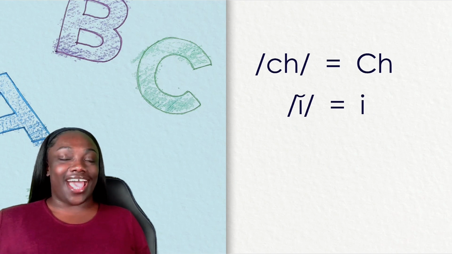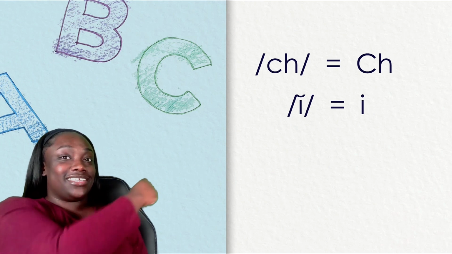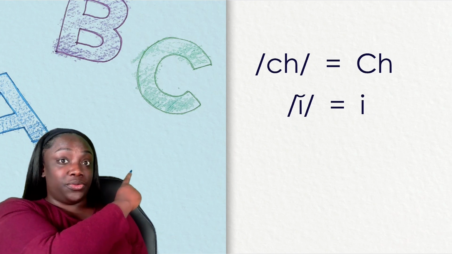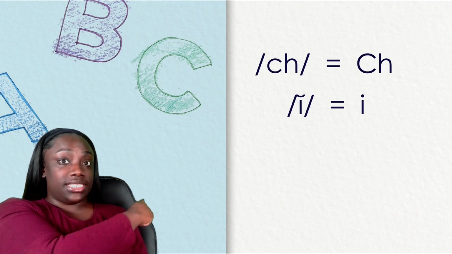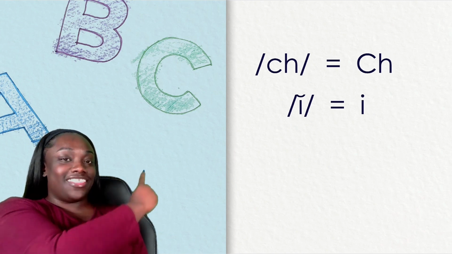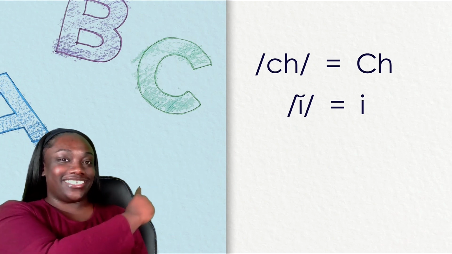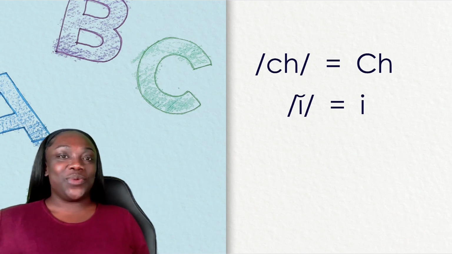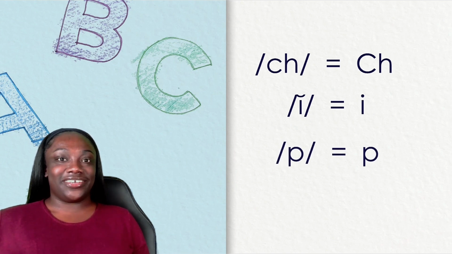Let's skywrite I. Start in the middle and pull straight down to the bottom, then dot your I. What's the final sound in chip? Right.